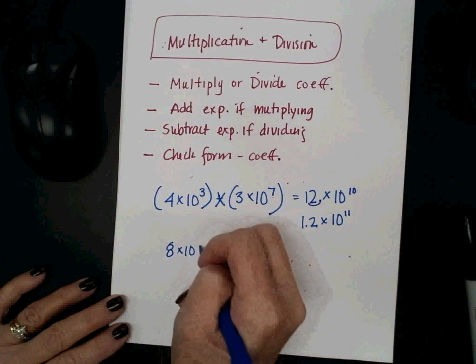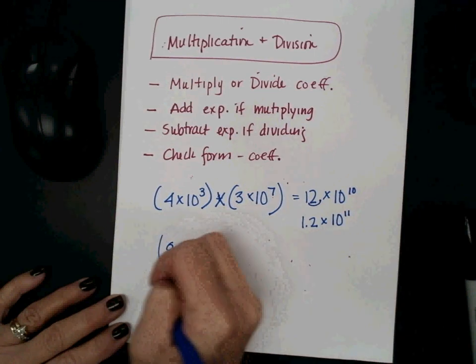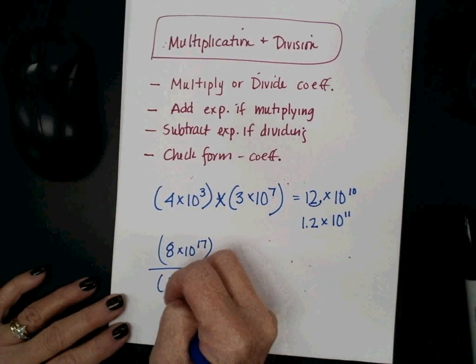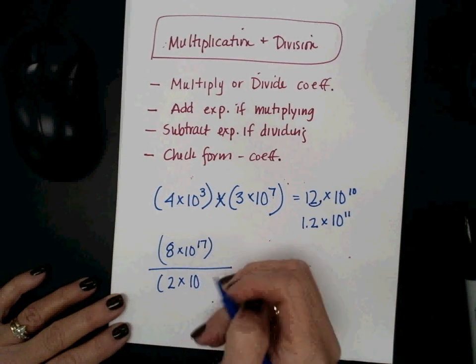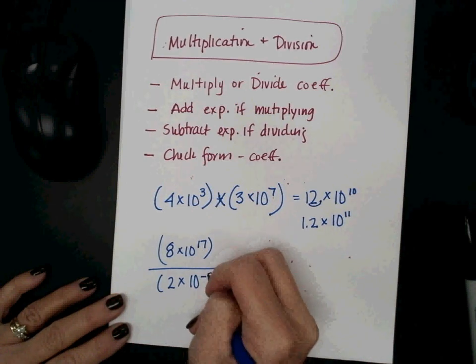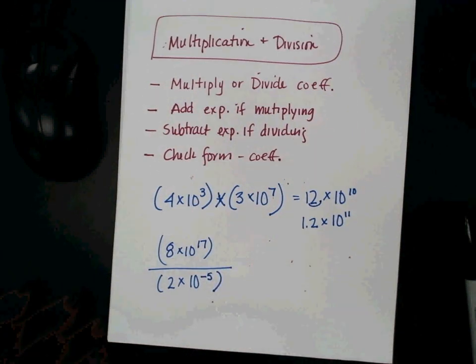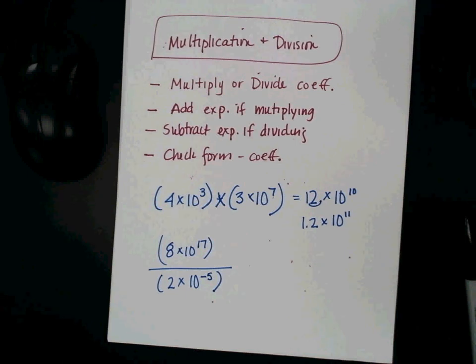8 times 10 to the 17th divided by 2 times 10 to the negative 5th. Now look at, yes ma'am. Why does it have to be between 10? Like, what does that have to be between 10 and 9.99?